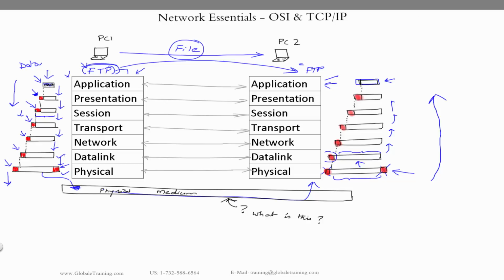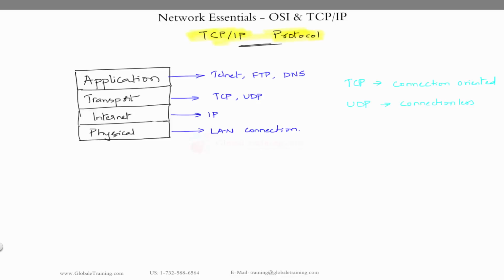Now let's get into the TCP/IP protocol. In TCP/IP, all you have is 4 layers: application, transport, internet, and physical. The functionality of the 7 layers is now converged into these 4 layers, meaning one of these layers picks up the functionality of multiple layers from the OSI model.